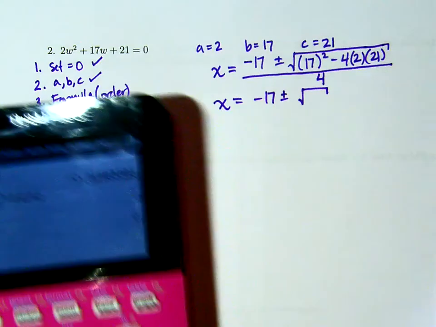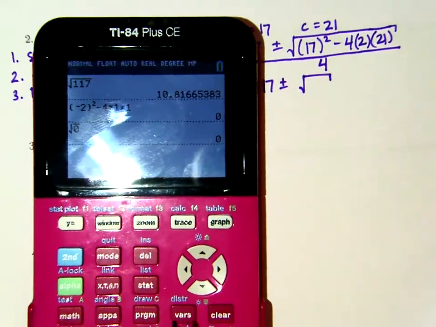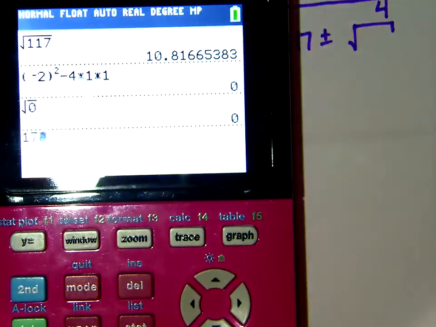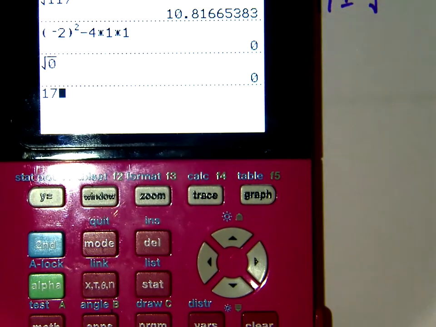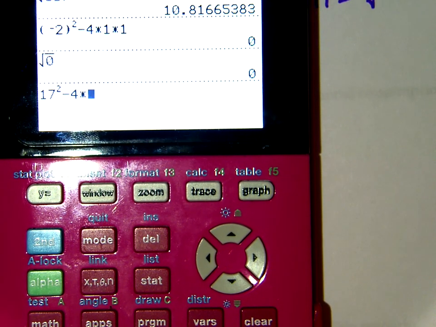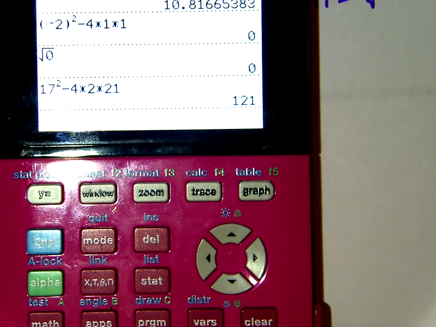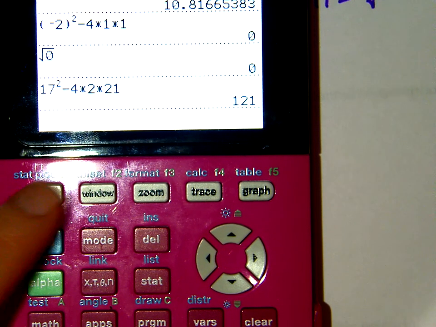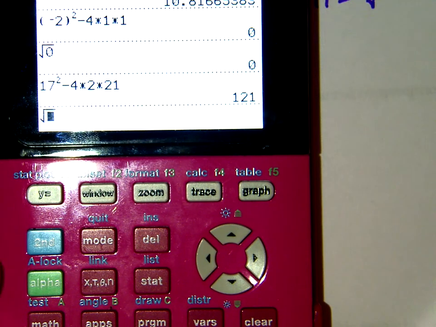What is under the square root? Okay, 17 squared minus 4 by 2 by 21. Ooh, 121. And then I'm going to take the root. Square root of 121, 11.